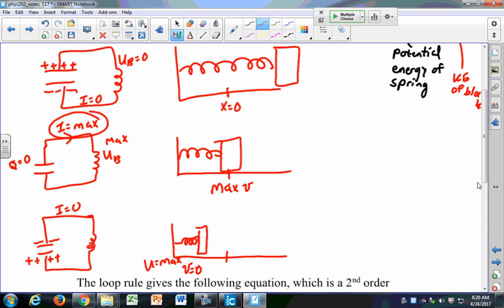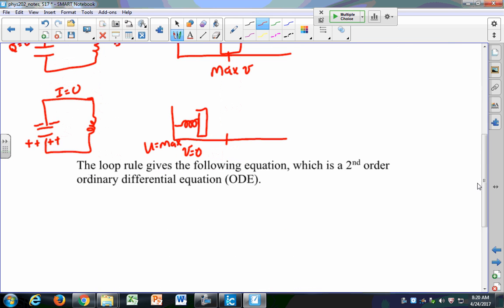Let me give you the loop rule for this. And next time I'll give you the second order ordinary differential equation, or I'm going to give you the solution, and then that's going to be your take home. So my loop rule looks like this. I have delta V of the capacitor plus delta V of the inductor. That's equal to 0.